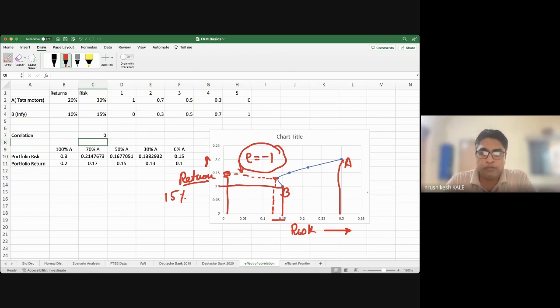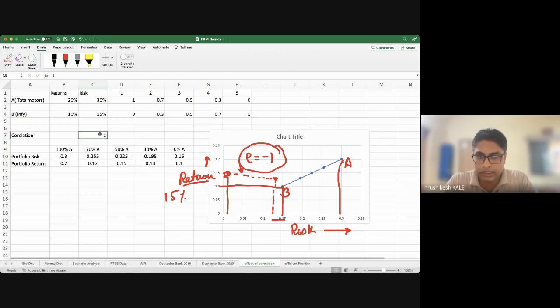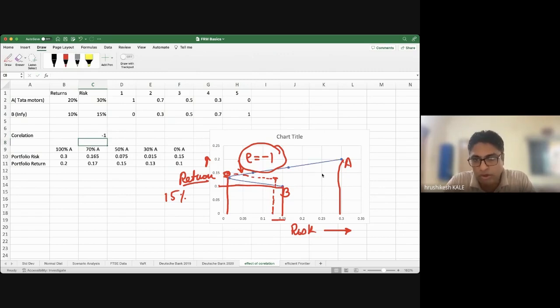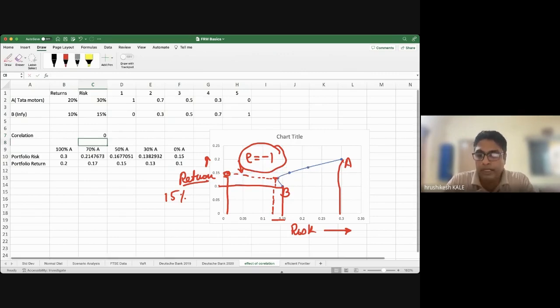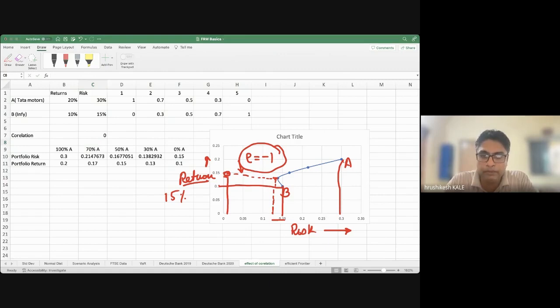Now, please understand or please check. +1, it's a straight line. -1, it's almost a big curve. 0, a slight bulge.